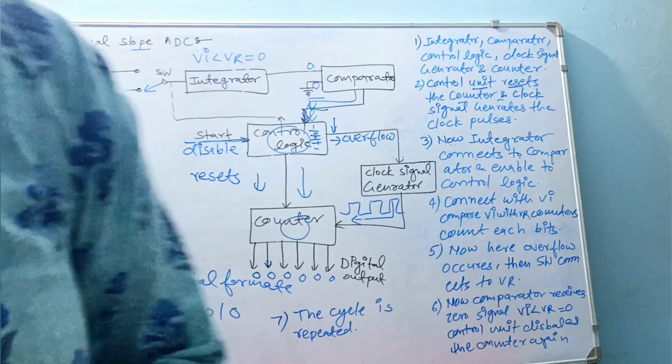Now we can compare both inputs Vi and Vr. If Vi is greater than Vr, the comparator output would be 1.